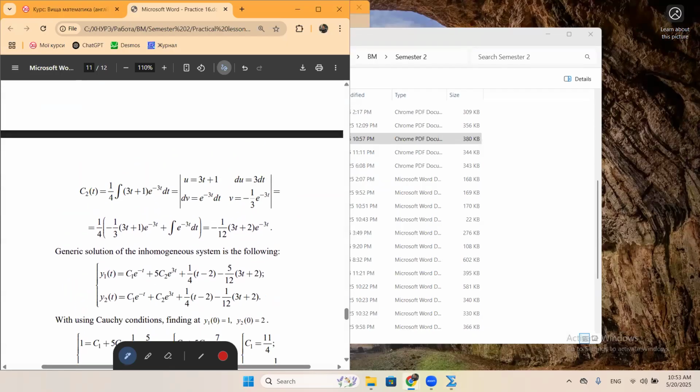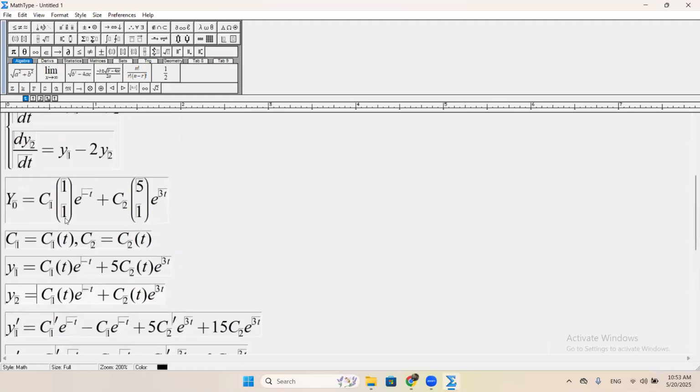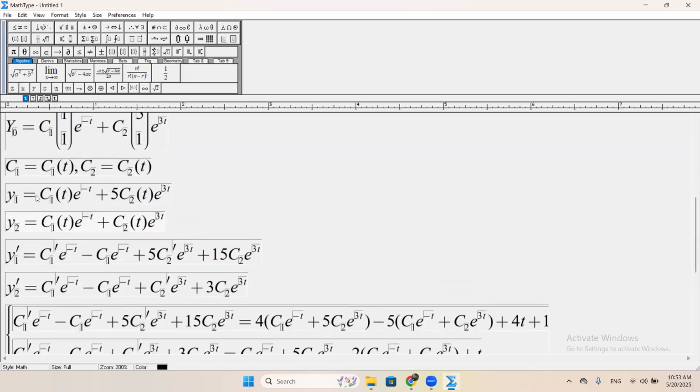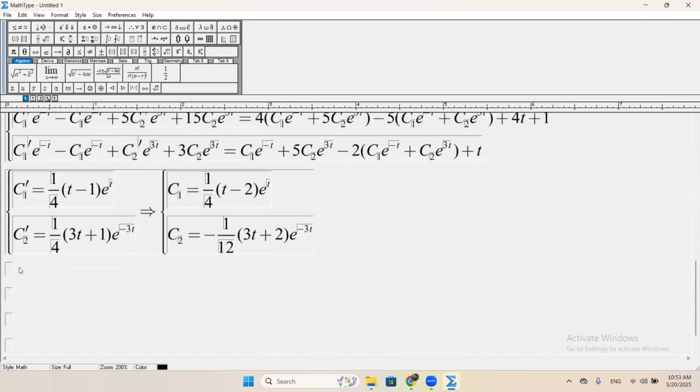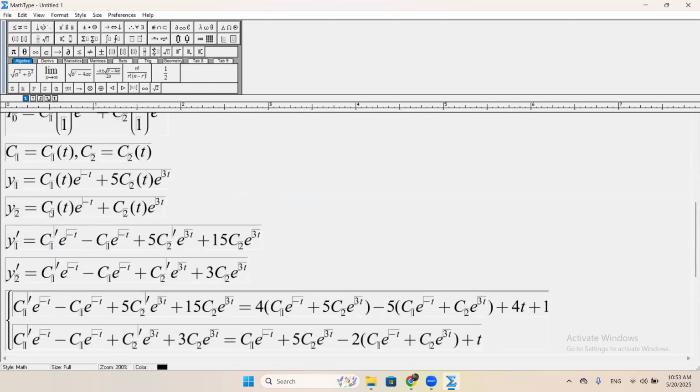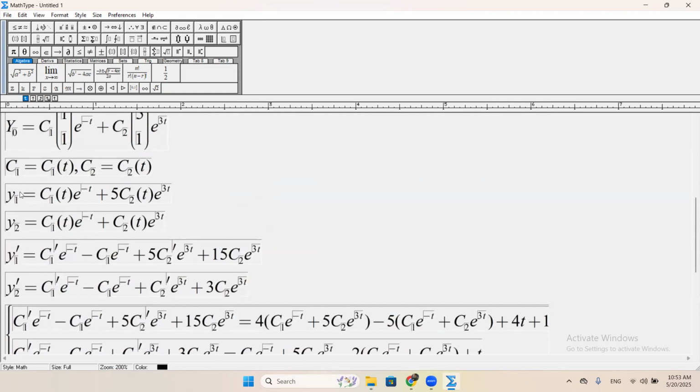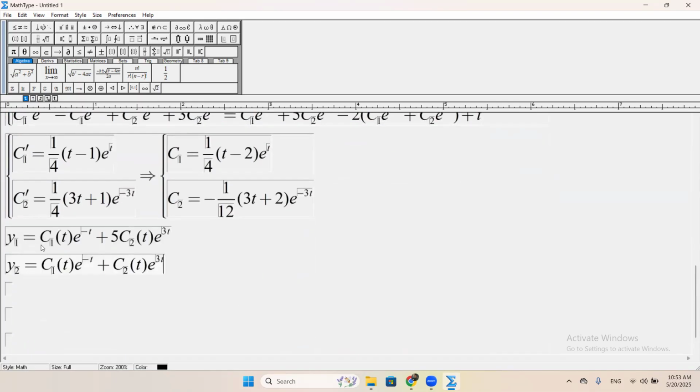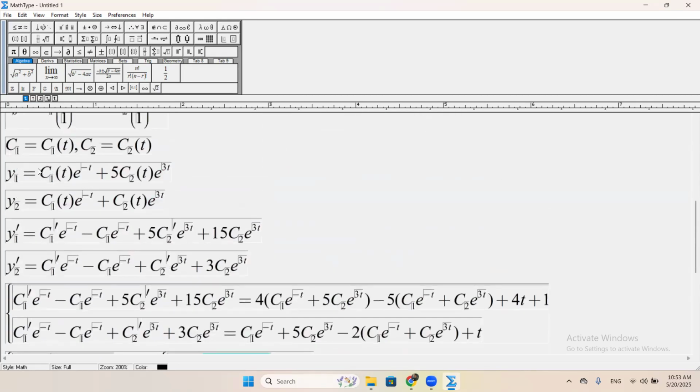Yeah, so the general solution will be found as the sum of the partial solution and a solution of the homogeneous system. So let's copy and paste. For y1, the solution of the homogeneous system plus the partial one.